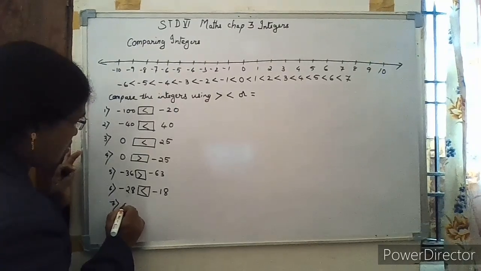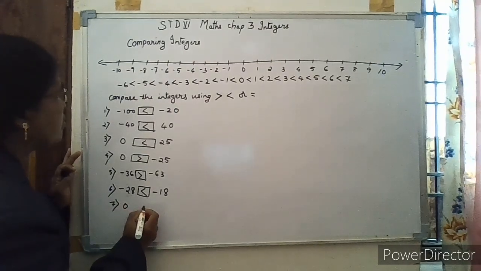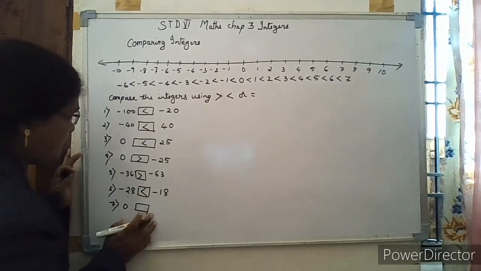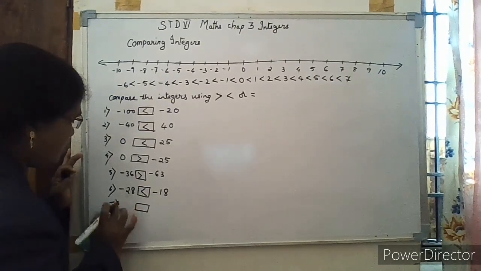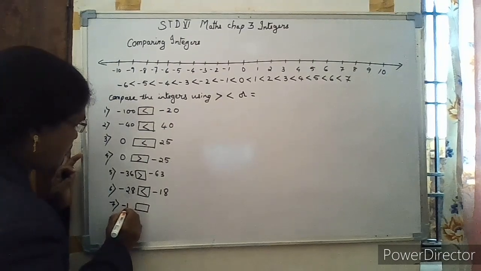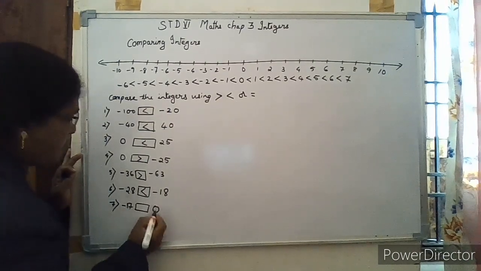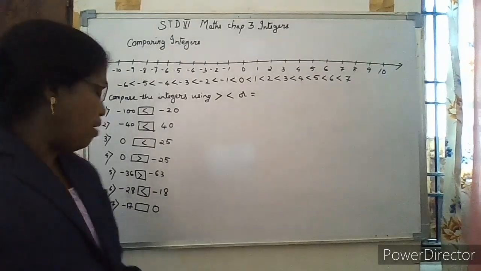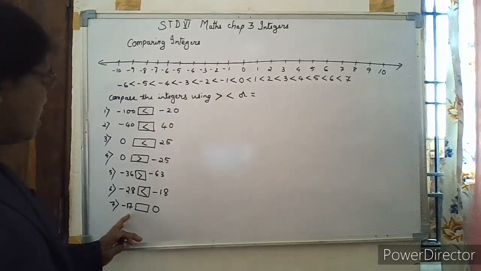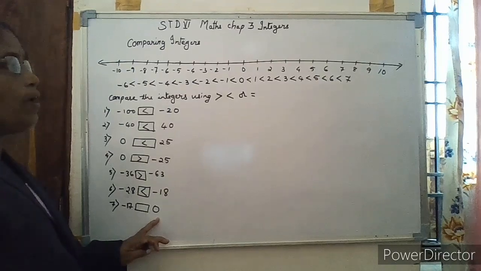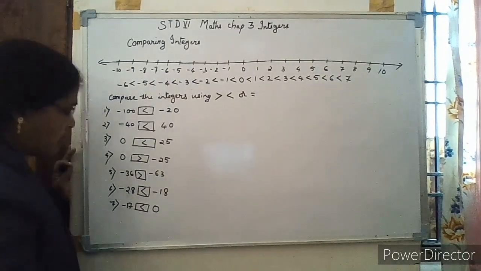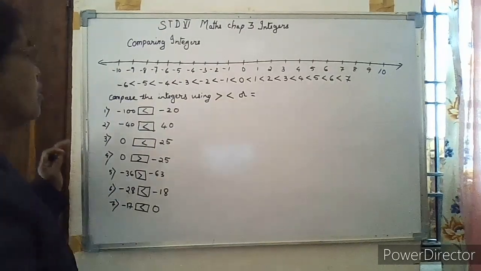Seventh one. 0 and minus 17. Minus 17 is a negative integer, and a negative integer is always smaller than 0. Therefore 0 is greater here and this is smaller.